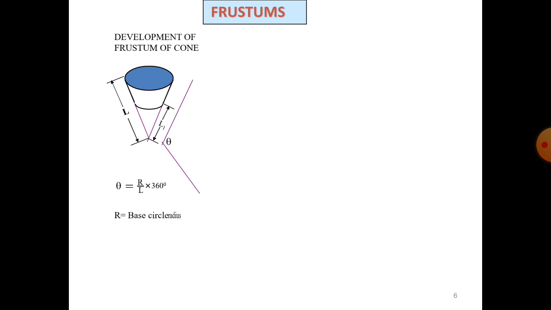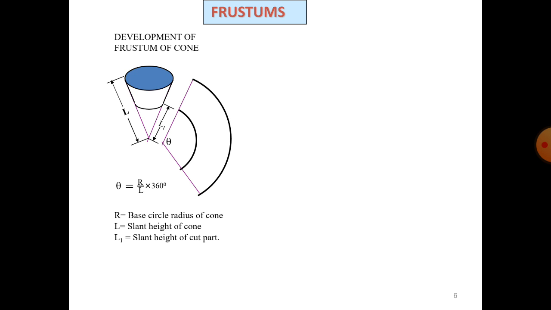Theta is equal to r by L into 360, where r is the base circle radius of the cone and L is the slant height of the cone, and L1 is the length of the cut portion. With the help of that, draw the development of the frustum of the cone.